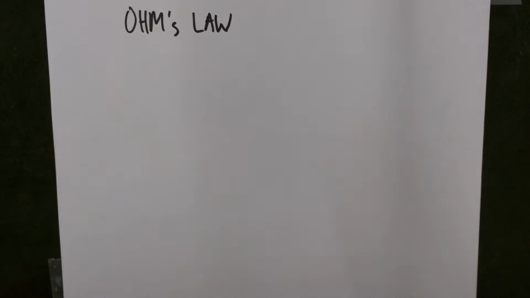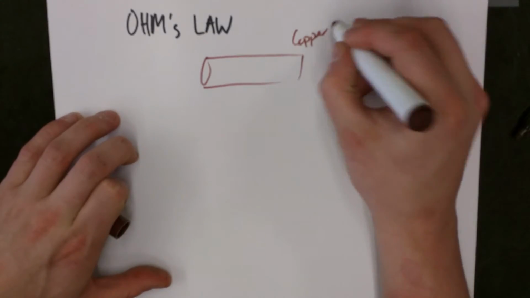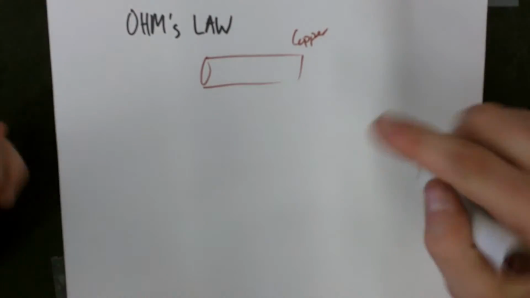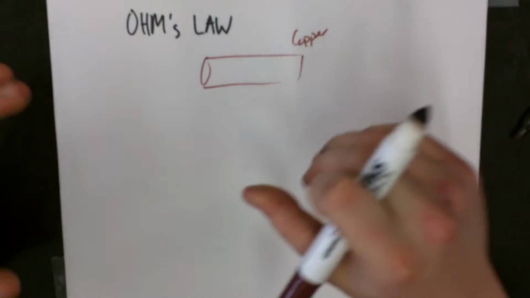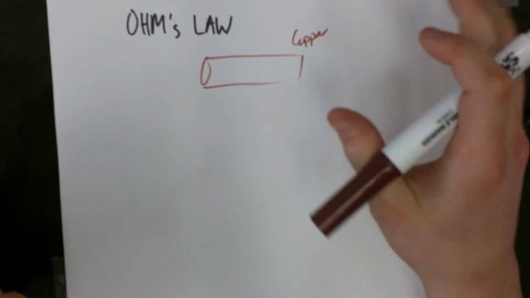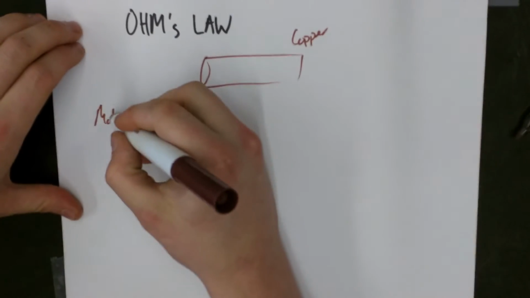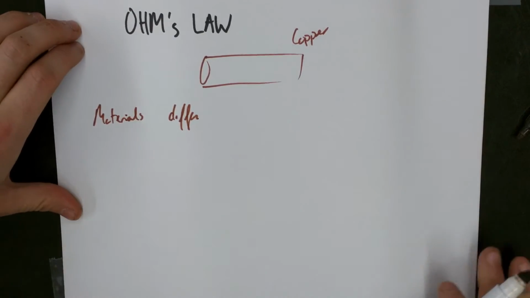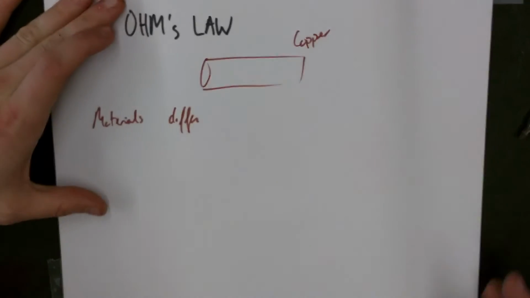So some materials allow charge to flow better than others. So most of your wires will be copper. So another way of saying that some materials allow charge to flow better than others is to say that materials will differ in the way they resist current.